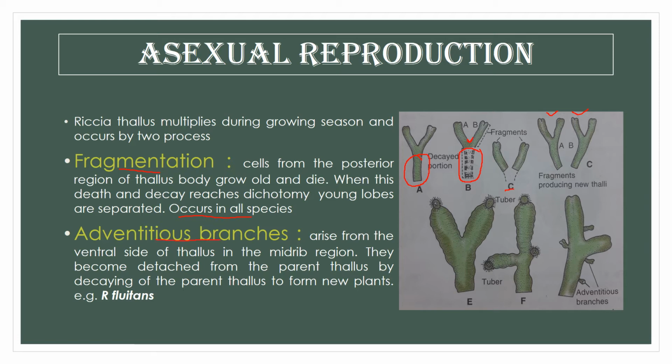The next is adventitious buds. In Riccia, on the ventral surface, we know there is a midrib region that is visible as a dorsal groove, and these adventitious branches are formed close to the midrib on the ventral surface.